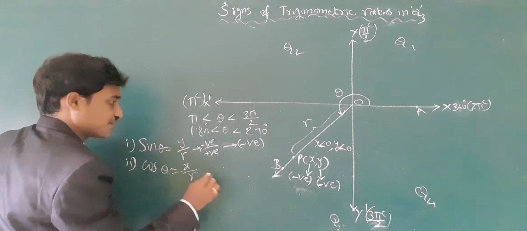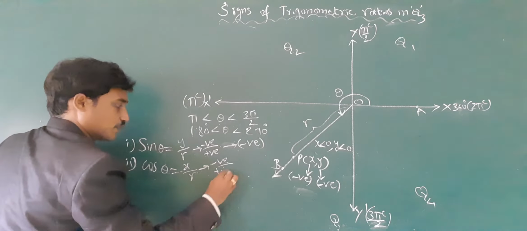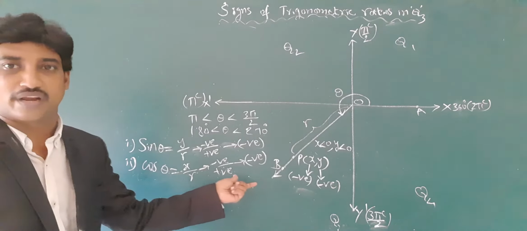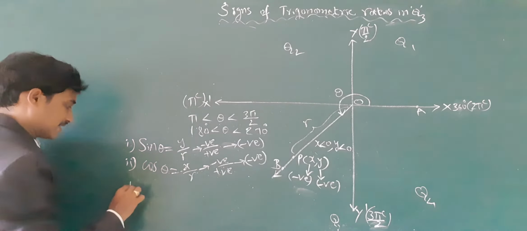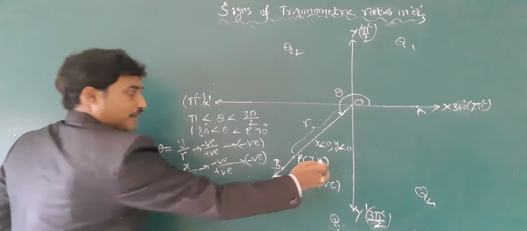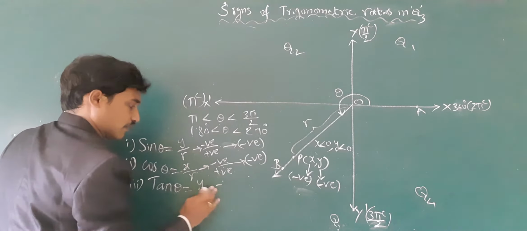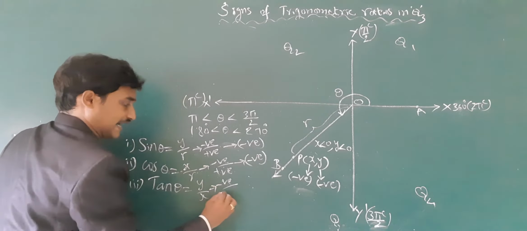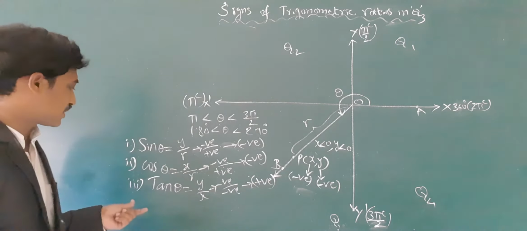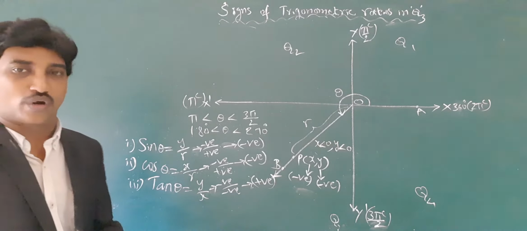X is a negative quantity, r is positive. Negative by positive, negative. So cos theta is also negative in the third quadrant. Next, tan theta is y by x. Y is negative, x is a negative quantity. Negative by negative, we get a positive quantity. So the ratio tan theta is positive in the third quadrant.